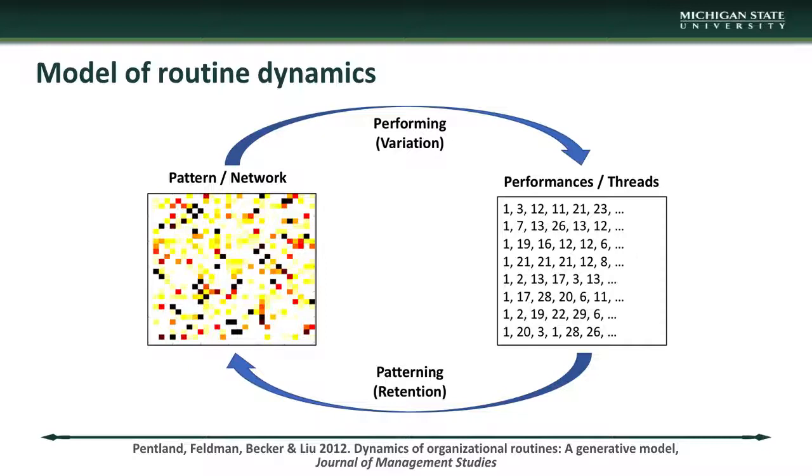And on the left-hand side, you'll see a pattern or a network. That's actually an adjacency matrix, and colors represent the frequency of transitions. So that pattern gives rise to performances, and the performances can regenerate the pattern. It's the basic model of routine dynamics that we're trying to understand here.